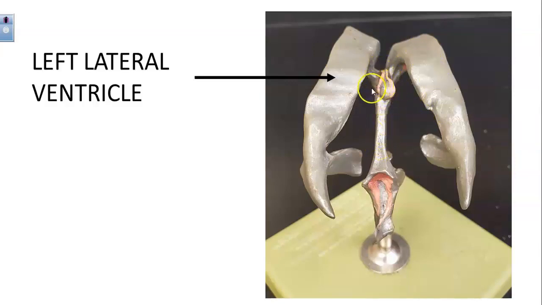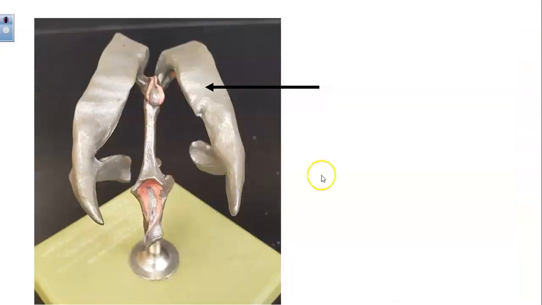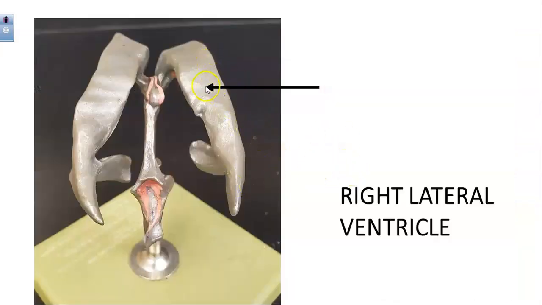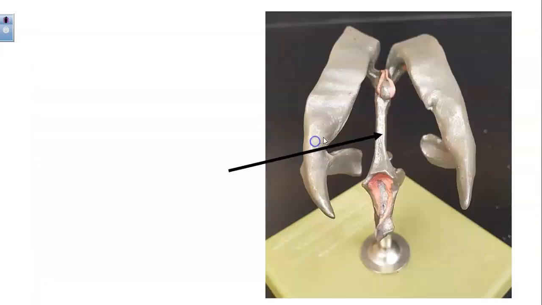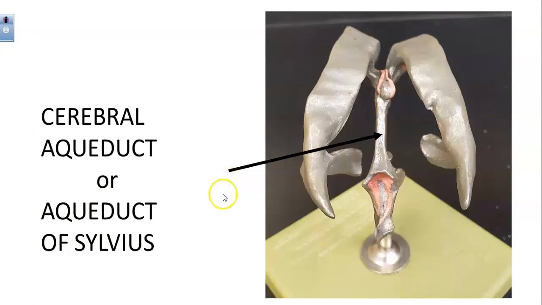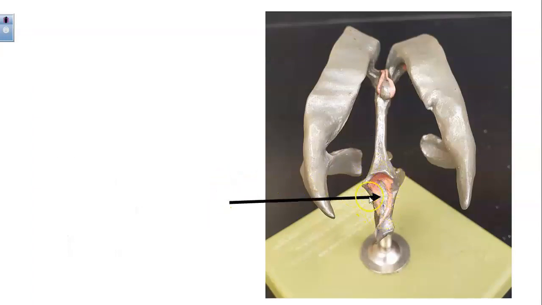This here that you can't really see is the third ventricle. So this is really ventricle 1, 2, and 3. That's not a ventricle, that's just the aqueductus sylvius. And this here is the fourth ventricle, basically the tail area there. So this is the right lateral ventricle, and this is the aqueductus sylvius. This is the fourth ventricle.